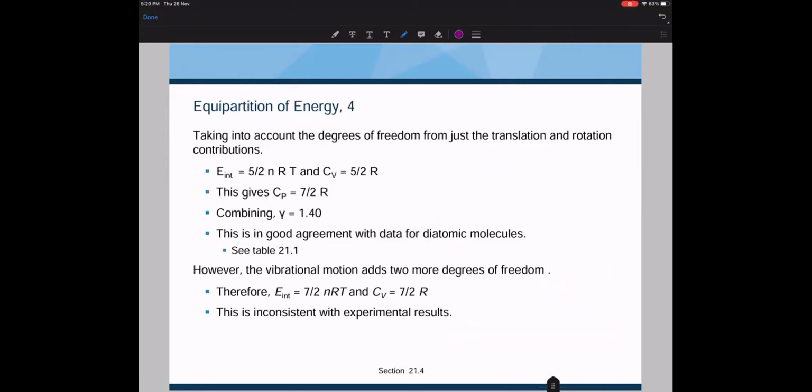Now, if we are considering the diatomic molecules, then we will start to involve the rotational kinetic energy. According to the theorem of the equal partition of energy, at the lower temperatures, we would involve the rotational motion, and there are 2 degrees of freedom for the rotational motion.